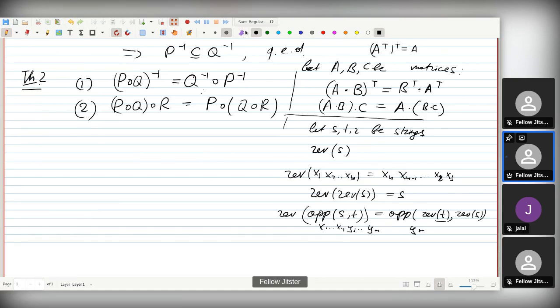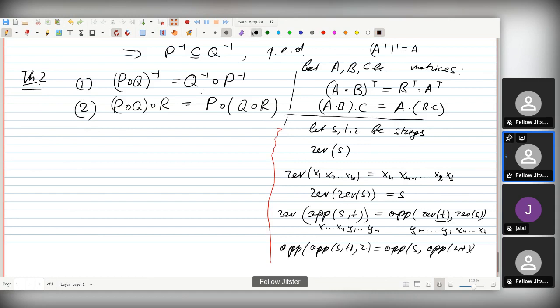So here we will have ym, y1, xn, x1. Do you agree? Yes. And moreover, we proved that app of S and T and R equals app of S and app of T and R. Is it clear? Yes. So we have some similarity between these things. But now, let us prove this theorem.